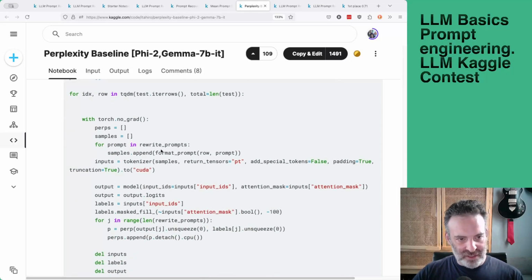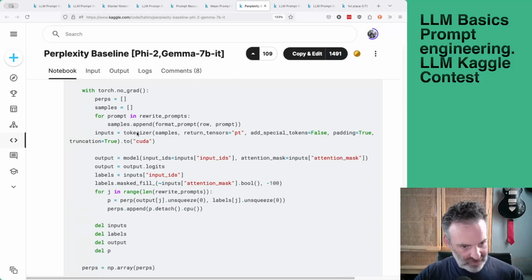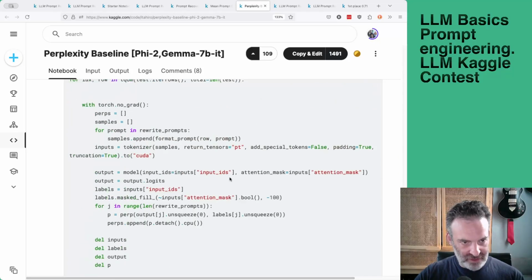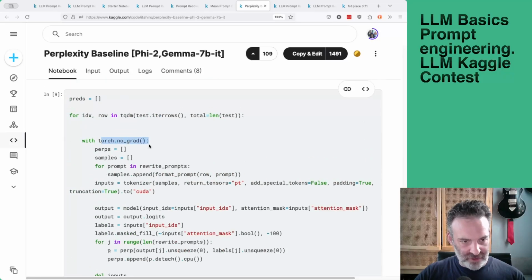All right, so this is the loop that they're going through to rewrite the prompts and make the predictions. So importing torch, no gradient. That simply means we're not going to adjust the gradient. This is how you run a model for inference.